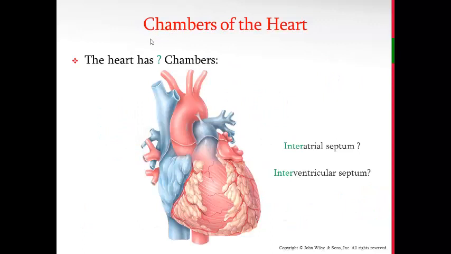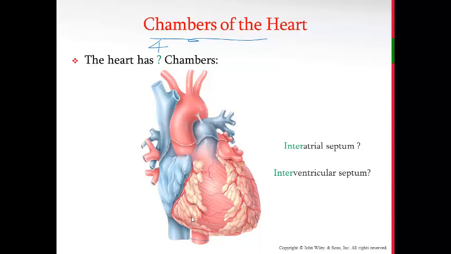Now we're going to take a look at the chambers of the heart. So how many chambers does your heart have? Right, you should have four chambers. Now can you see the chambers from the exterior view of the heart? Yes, you can. But let's first orient ourselves.